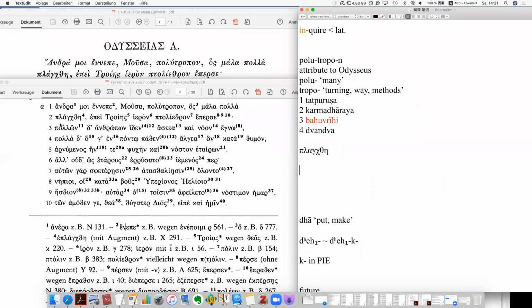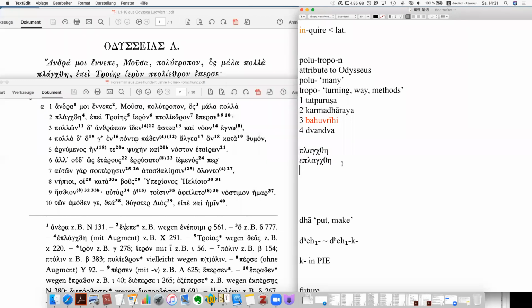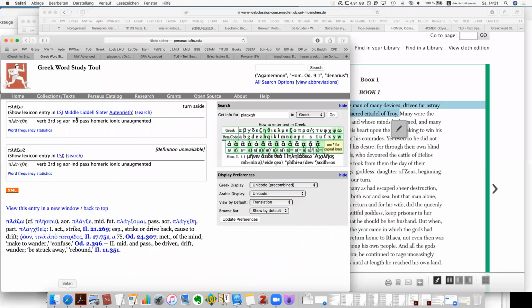There's another variant for planxe called eplanxe with augment, for example in Iliad 291. So actually we have another form called eplanxe. And we all know that this is an aorist passive. Sorry, yeah, you check it. So this is aorist passive, right?